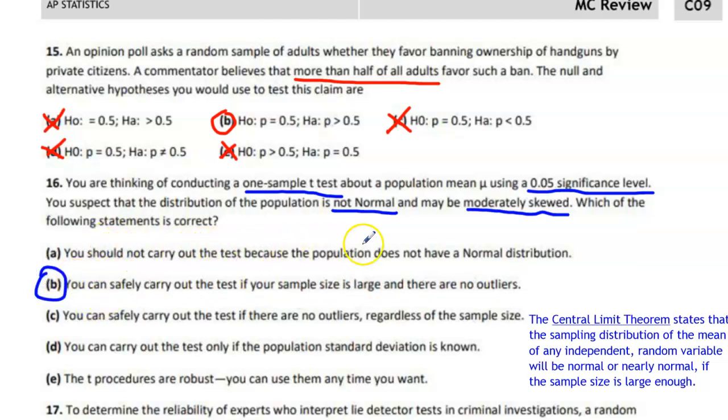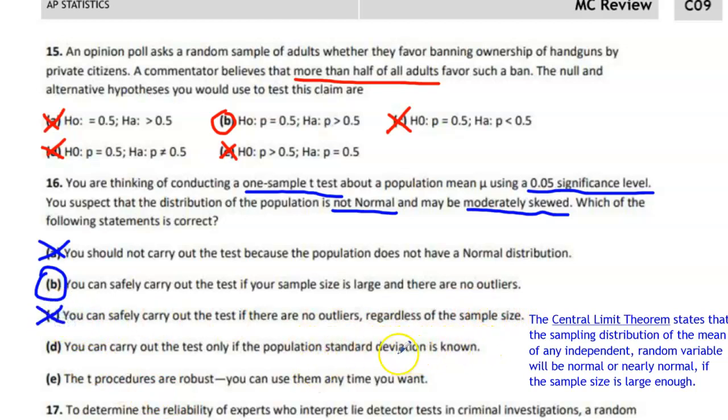This one says you shouldn't carry out the test. No way, right? Remember, population not having a normal distribution doesn't matter. CLT is going to fix that. You can safely carry out the test if there are no outliers regardless of the sample size. Well, it's possible that there are no outliers, but there's not a normally distributed population, right? We don't want to deal with a sampling distribution that's not normal, and normal means we need a large enough sample size, so that's not good.